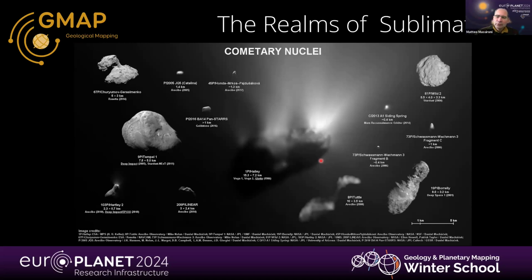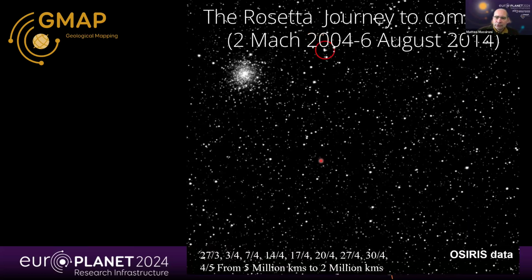The comet nucleus that we know best is actually 67P Churyumov-Gerasimenko, which was visited by Rosetta after 10 years of journey. Because of the need of a gravity assist, so using the gravity of other bodies to reach this comet, it actually takes 10 years to reach the comet itself.